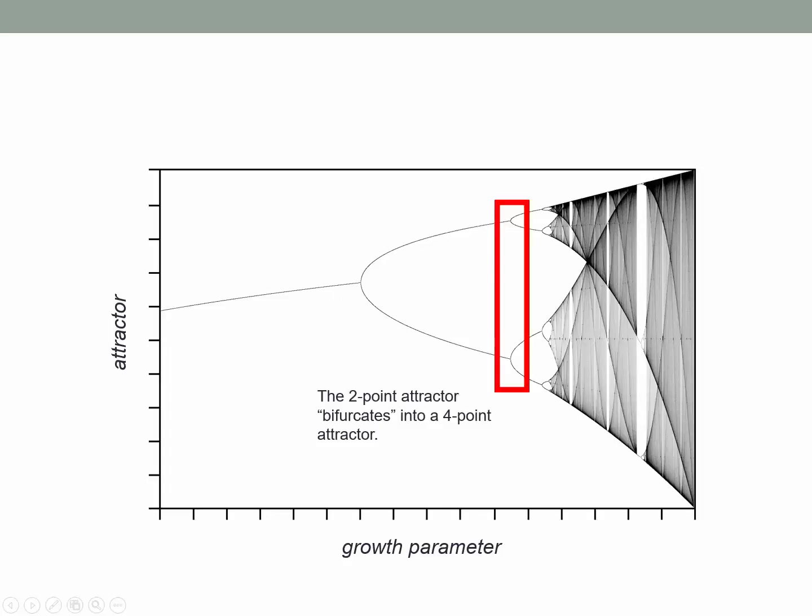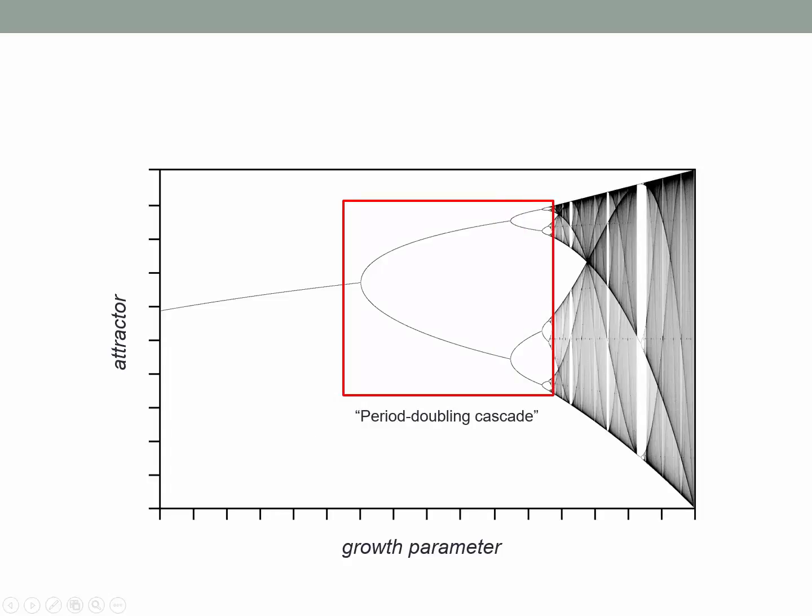If you go even further, the attractor changes from having 2 points to having 4 points, as we saw. And this is all part of what's called a period doubling cascade. That is to say, as you increase the growth parameter, you will see the attractor turn from a single point into 2 points, into 4 points, and then into 8 points.